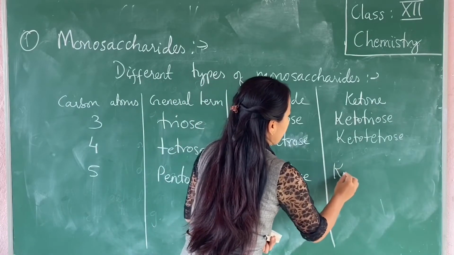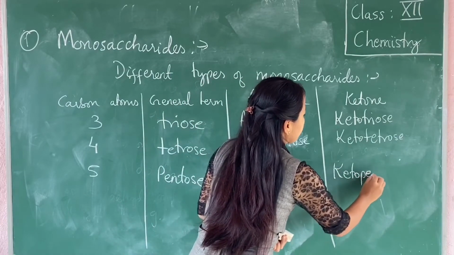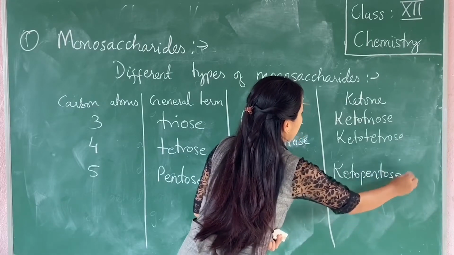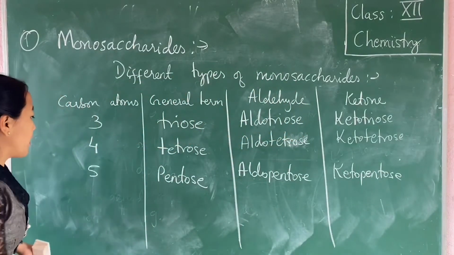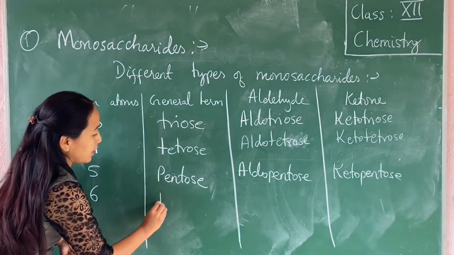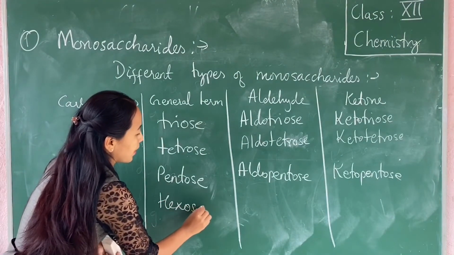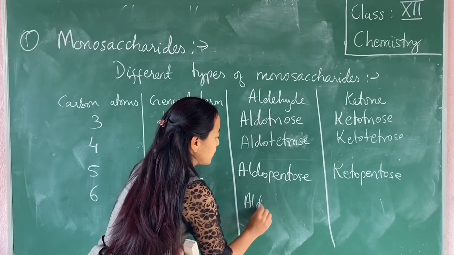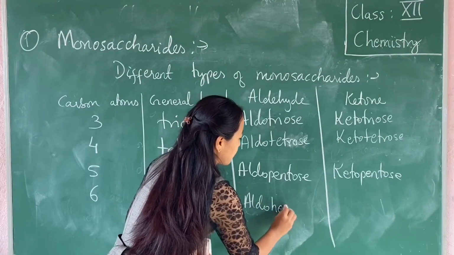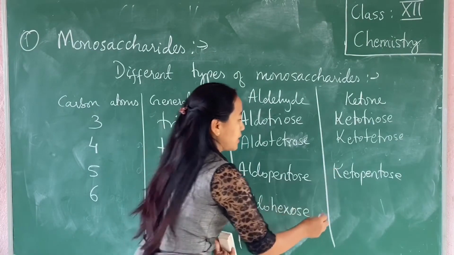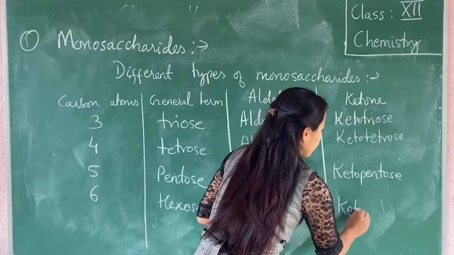This will be ketopentose. Similarly, if you have 6 carbon atoms, this will be hexose, and this will be aldohexose, and this will be ketohexose.